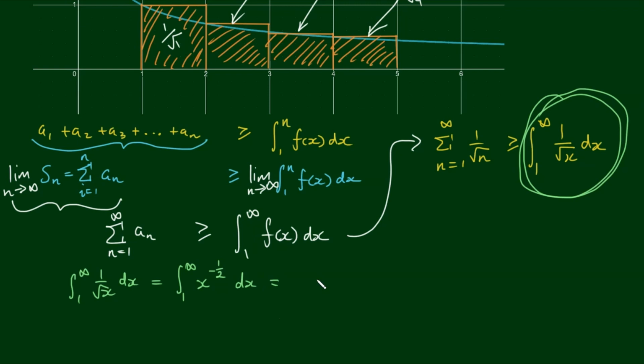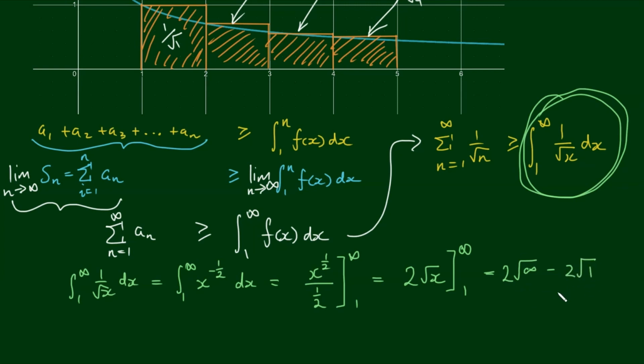So we add 1 to the index and divide by the new power, and that's bounded by infinity over 1. And of course we can write that as 2 by the square root of x bounded by infinity to 1. So evaluating this, we've got 2 by root infinity minus 2 by root 1.